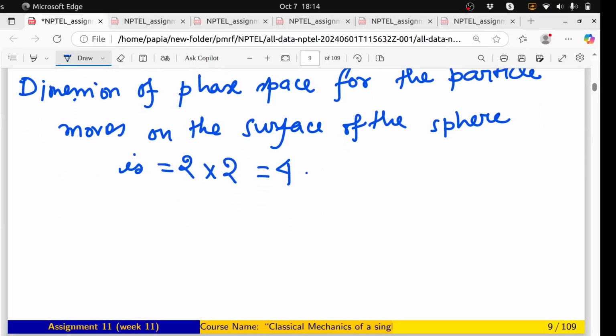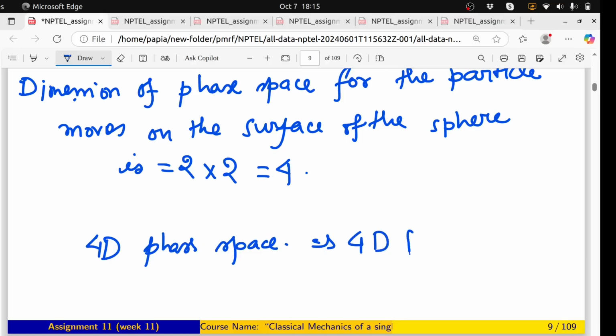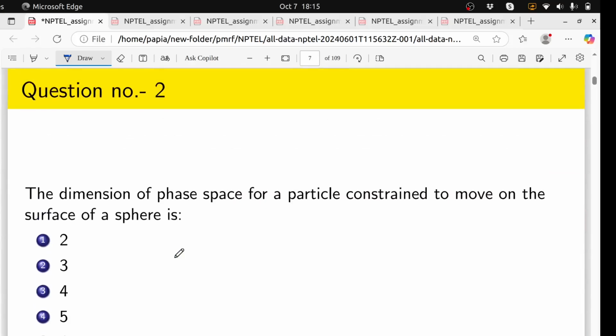So it is 4D phase space, or we can write it as 4D flow as well. So the answer for this question will be answer number 3.